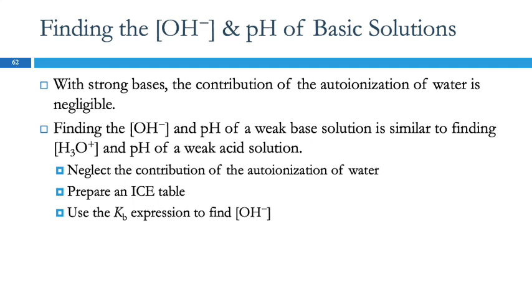If we're looking at a weak base, then it's going to be similar to finding hydronium ion concentration and pH of a weak acid solution. Most of the time we can neglect the contribution of the autoionization of water. We're going to make an ICE table, and we're going to use the Kb expression to find the hydroxide ion concentration.